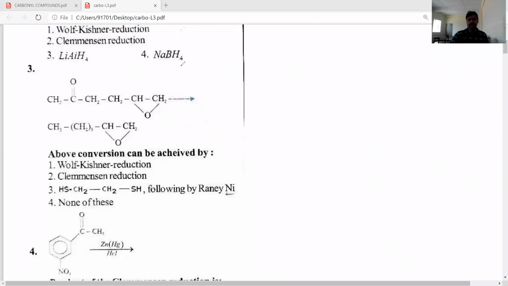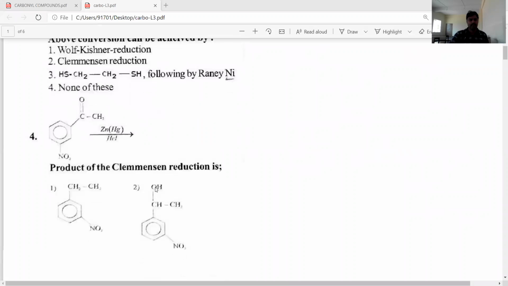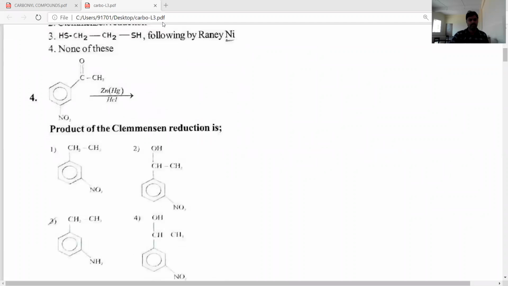Let's see the fourth question. See, the NO2 group is acid labile. Zinc amalgam and HCl is the Clemmensen reducing agent, and the HCl will reduce the NO2 group.